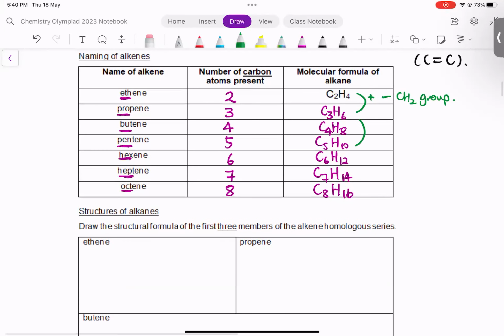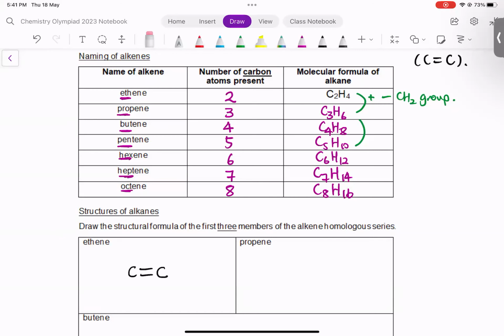When it comes to drawing, I think it's not very difficult. I think you can quickly draw it. The key thing to take note of is whenever you draw any organic molecule, you should always write down the functional group first. The functional group of an alkene is a carbon-carbon double bond, so you should always include that first. Following that, you should ensure that every carbon atom in your organic molecule has 4 bonds.